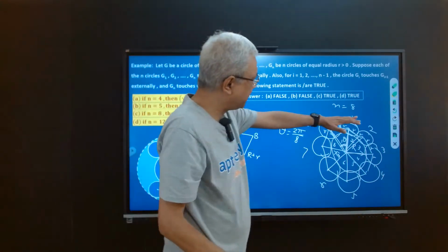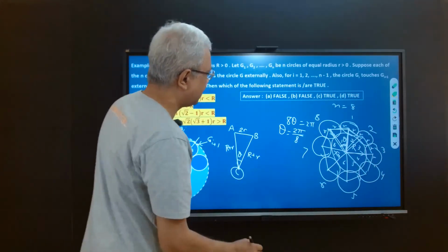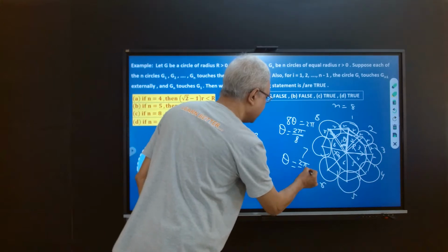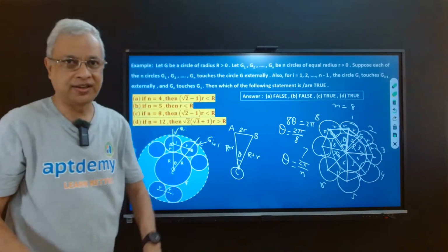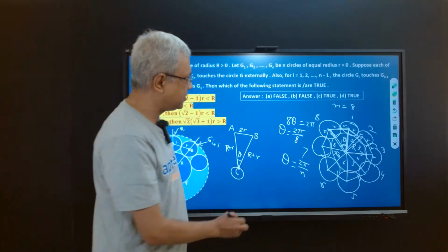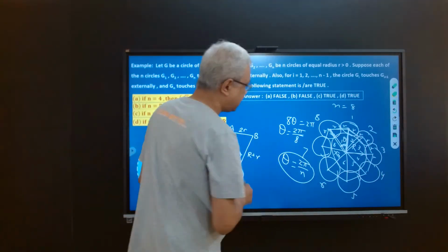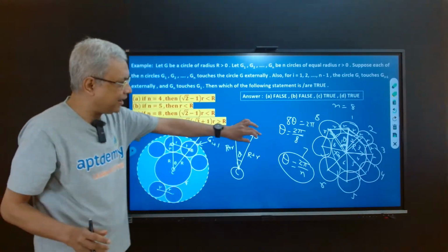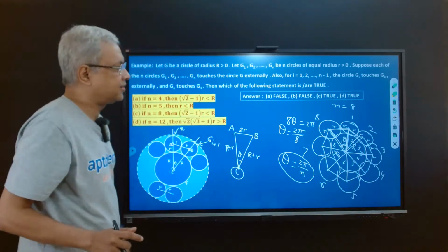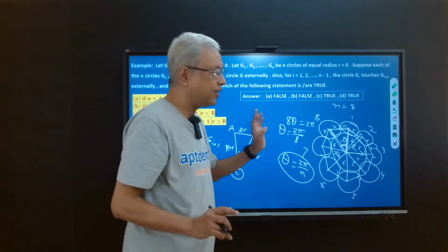Had there been n circles, theta would be 2 pi by n. Had there been 4 such circles, I would have said theta equals 2 pi by 4. So in general, if there are n external circles, then the angle made at the center is 2 pi by n.